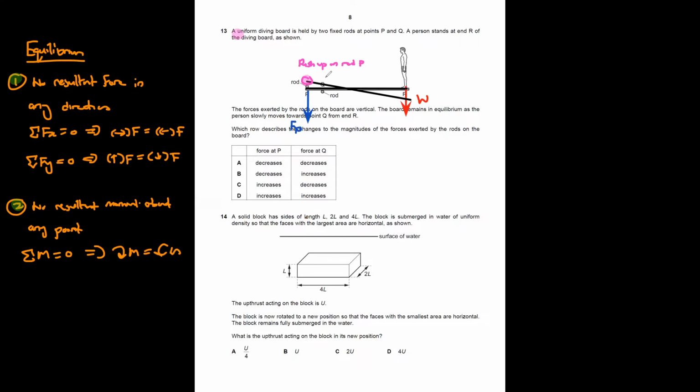All right. And then if you look at the other rod Q here, as the plank is tilted like this, this end here would actually be resting on the rod. So this one is actually pushing down on rod Q. Since it's pushing down on rod Q, the force that rod Q exerts on the plank must be upwards.